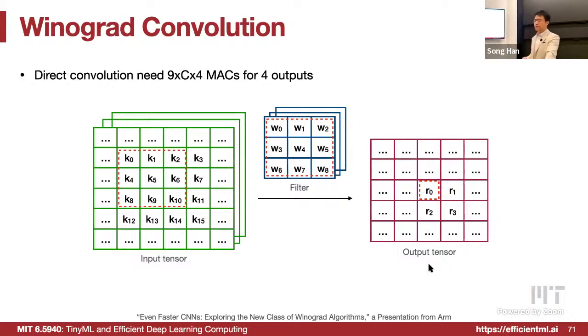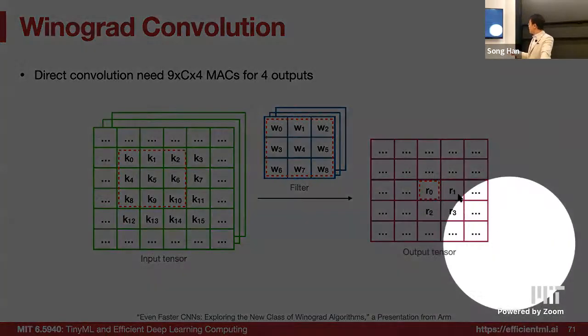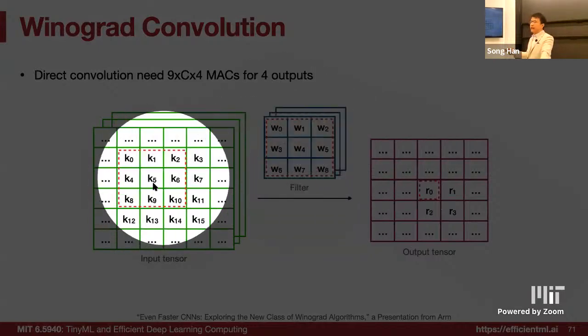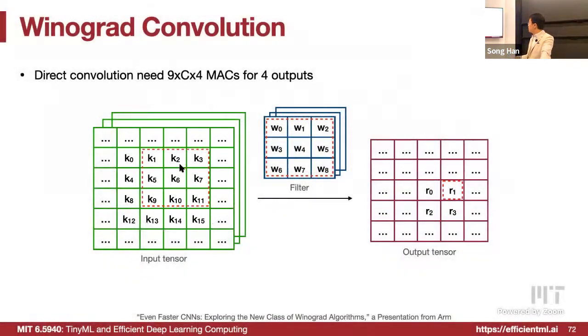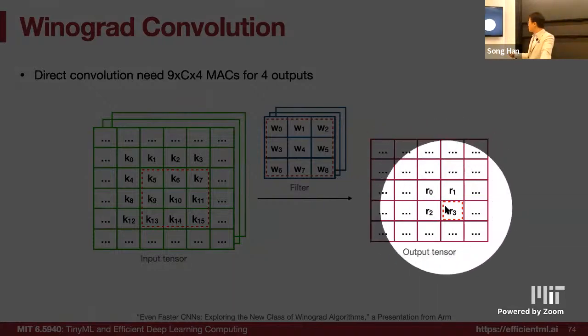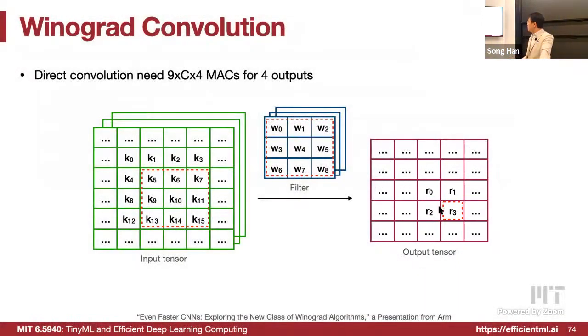So here's an example of computing an output with a 3x3 kernel, interacting with a 3x3 input. We can move it in the horizontal and vertical dimensions to produce 4 different outputs, R0, R1, R2, R3. So how many MACs are needed to produce 4 outputs?